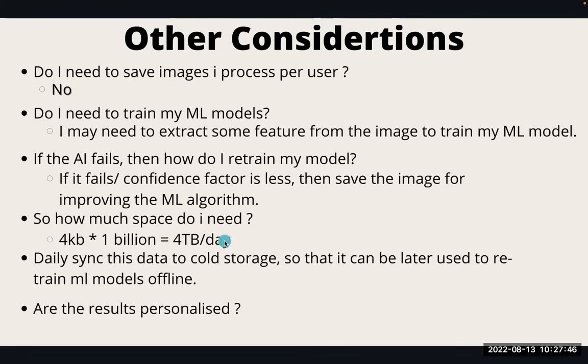So every day you will capture the data, which will be 4 terabytes, and then you will move this data to cold storage. Now comes the question, what do I mean by cold storage, right? Let's say a typical example: you have a user database, and if somebody is logging in, you are looking up that database and allowing that login. That is hot storage, which means it will be used online, right?